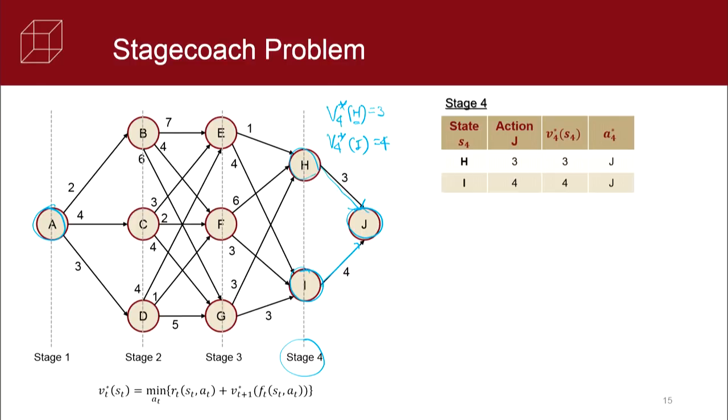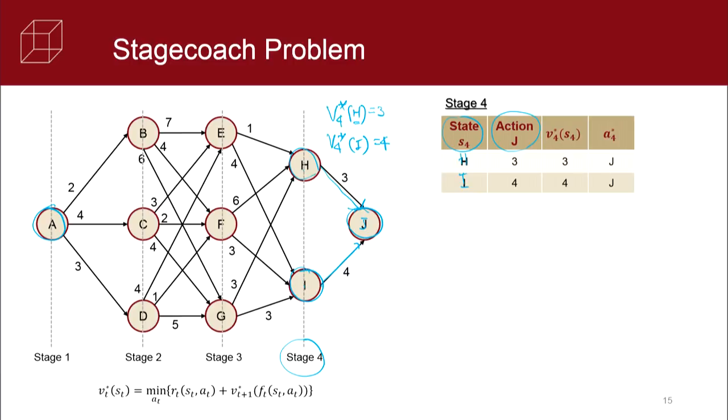So we can represent this in this way. For the given states H and I, you choose the action. For nodes H and I, you only have one option.